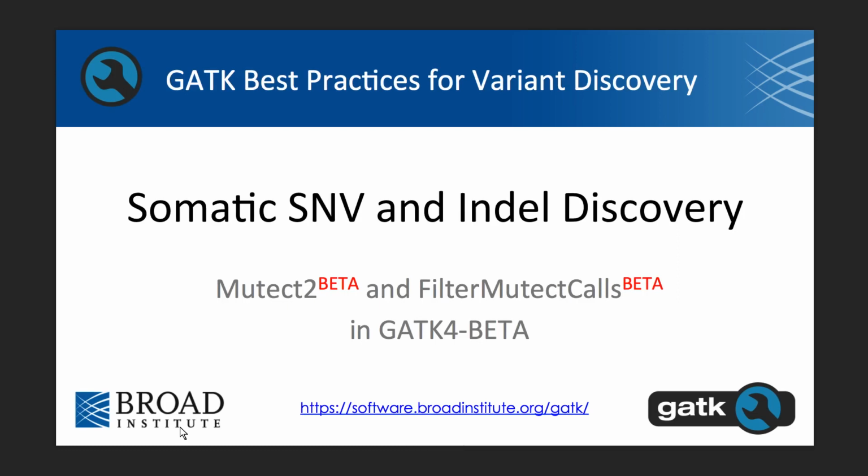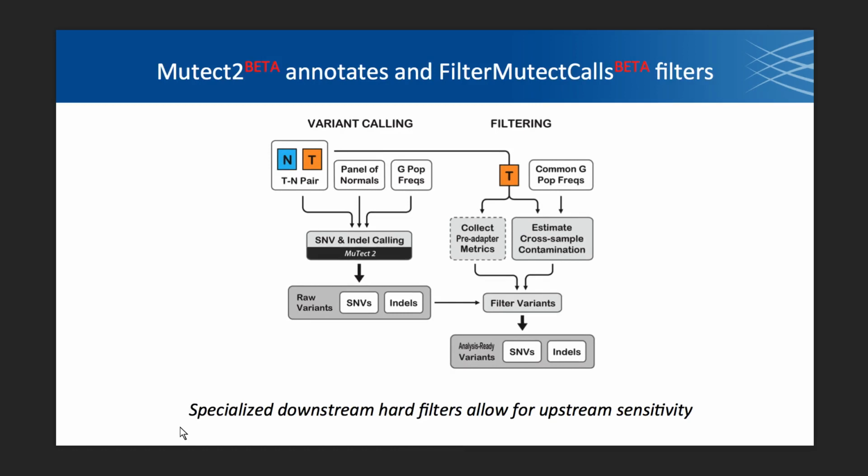So let's go on to SNV and indel discovery. This is again with MuTect2 and FilterMutectCalls. And all of these tools I'm talking about will be in GATK4. As I said, the annotation functionality is separate from the filtering functionality.